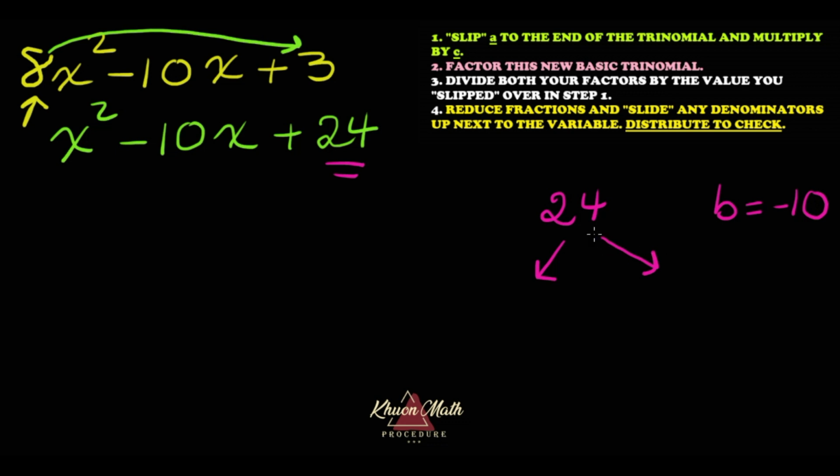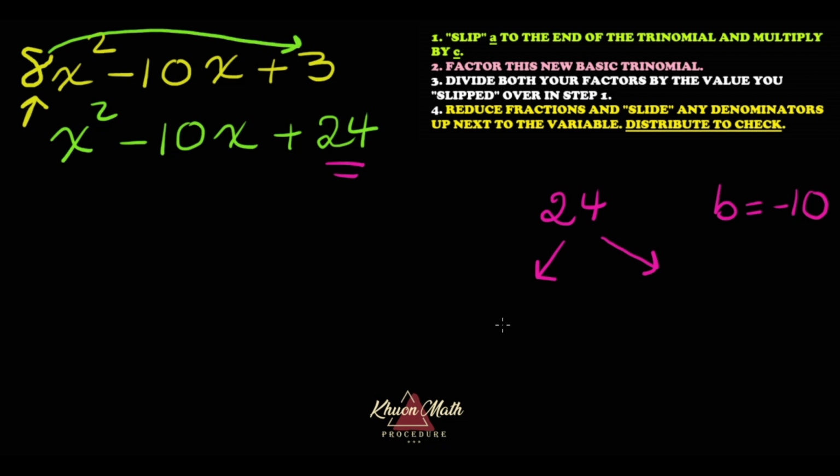So b is negative 10 and then c is 24. So let's think of those two numbers. Factors of 24. Okay, we're going to need two negative numbers because negative times negative is positive, and then negative plus negative stays negative. So can you think of the two factors?